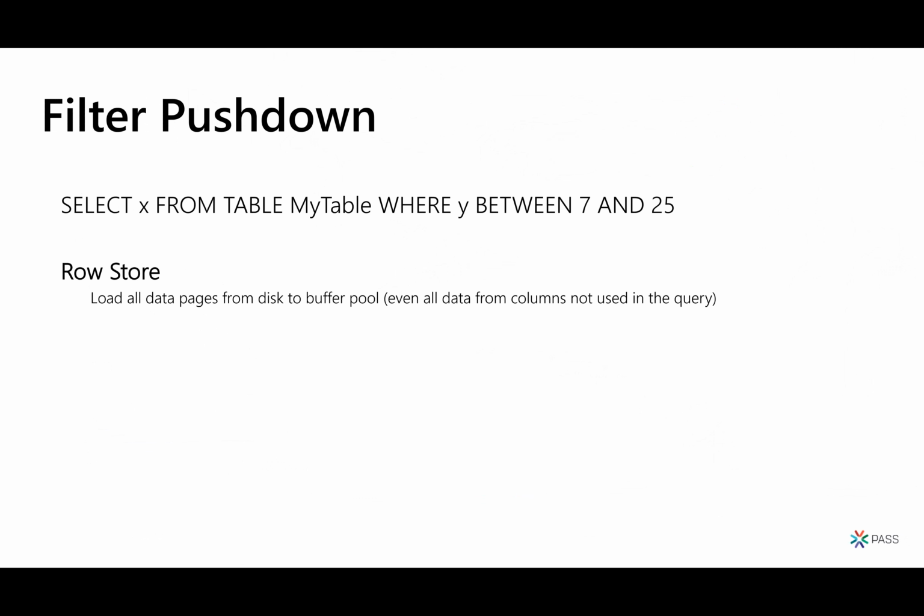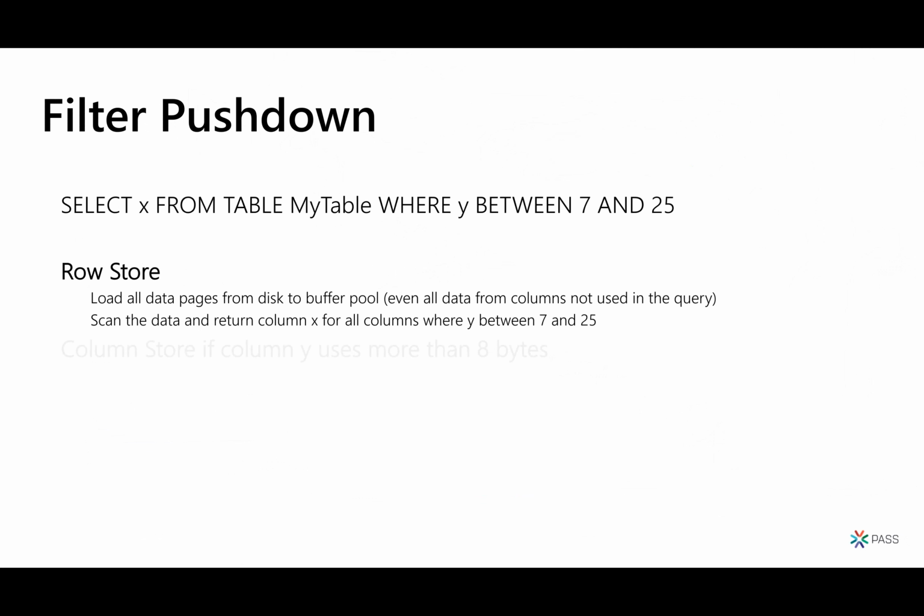So if one row group has only values 1, 2, 3, 4 in it, and you're looking between 7 and 25, the storage engine will not even return that row group to you, because it knows you need something larger than or equal to 7 and smaller than 25, and I don't have that in that row group, so I'm not giving it to you. That only works with filter pushdown. Why? Because the metadata values can only be 8 bytes and therefore are limited there.